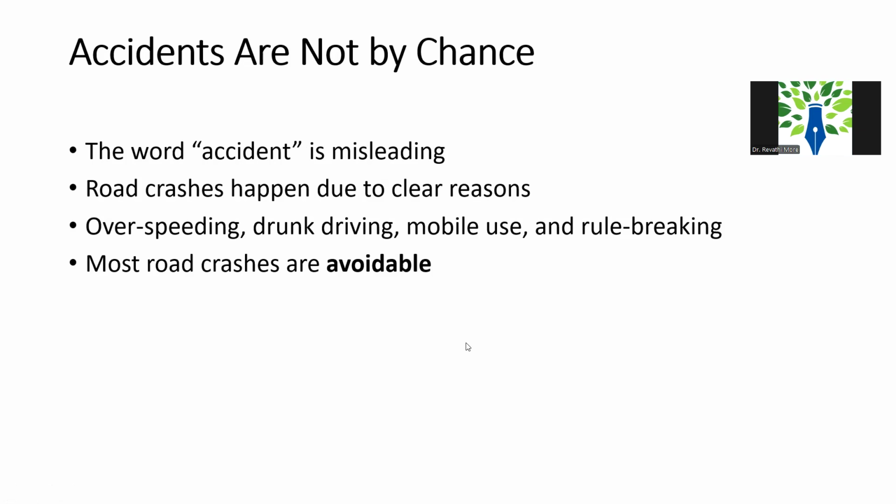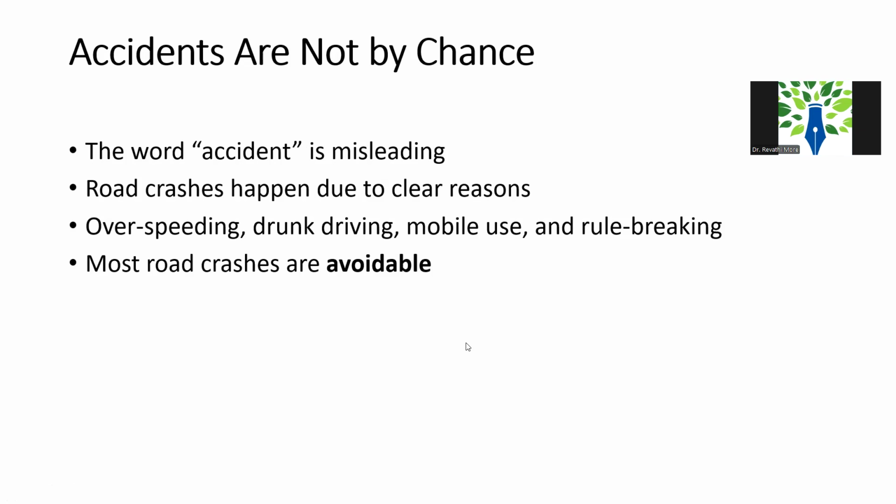So what the speaker says in this talk is that accidents are not by chance. The word accident itself is misleading, he says. He calls it a crash. Road crashes happen due to very clear reasons. They are not accidents, he says. Overspeeding, drunk driving, mobile use, and rule breaking.